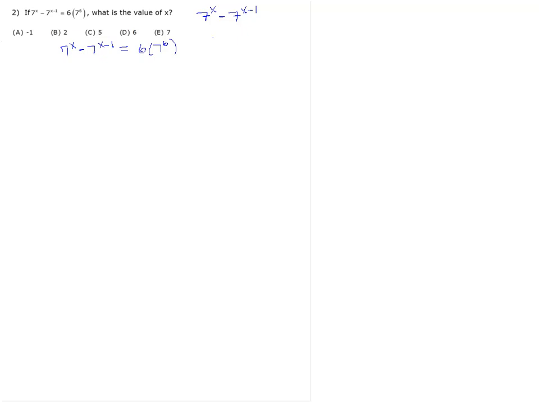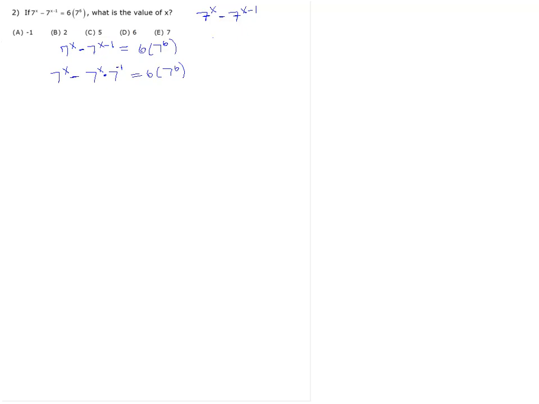If you think about it, that's an exponent rule sort of in reverse. So 7 to the x minus 1 can be expressed as 7 to the x multiplied by 7 to the minus 1. I'll get back to that in one sec.